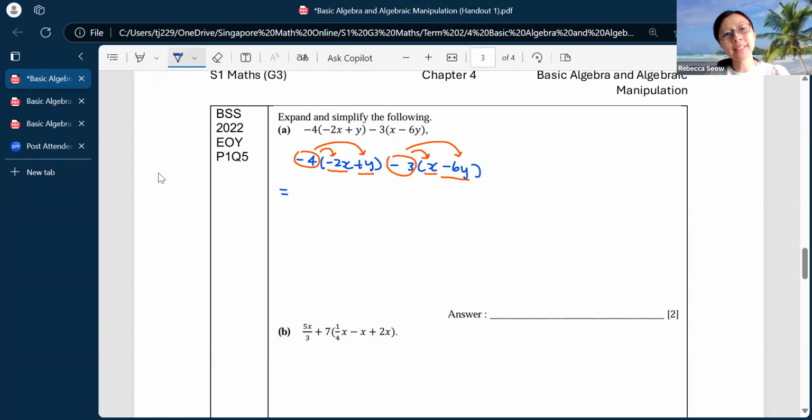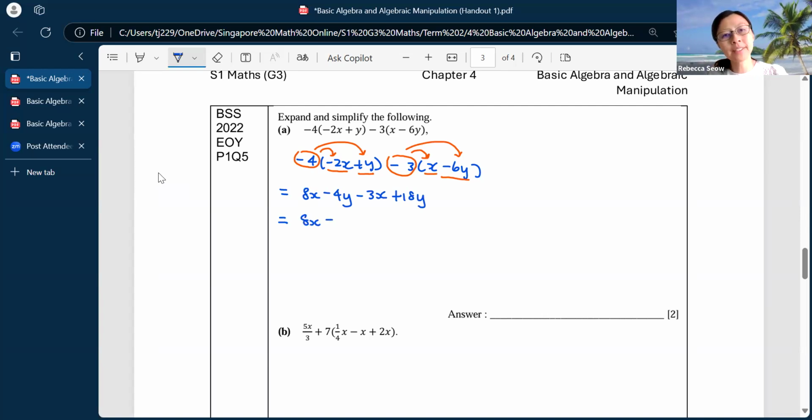Now, following that, negative 4 times negative 2x, 8x. Negative 4 times y, negative 4y. Negative 3 times x, negative 3x. Negative 3 times negative 6y, positive 18y. Okay. Now, we rearrange the terms.